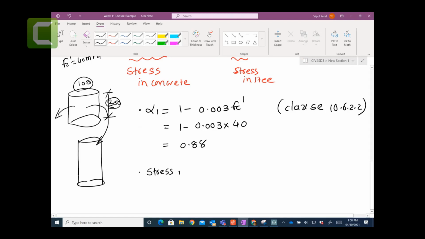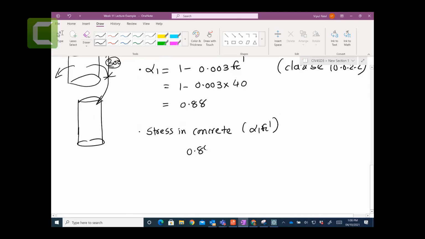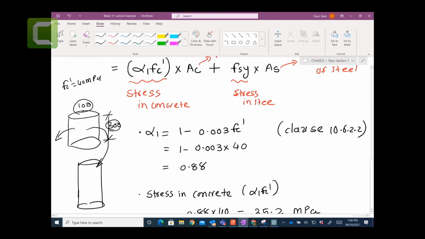So stress in concrete is alpha 1 f'c, basically 0.88 times 40. Look at that. The standard does not want you to use 40, which comes from your cylinder test, but wants you to use 35.2 megapascals. The 12% penalty comes from the size effect.